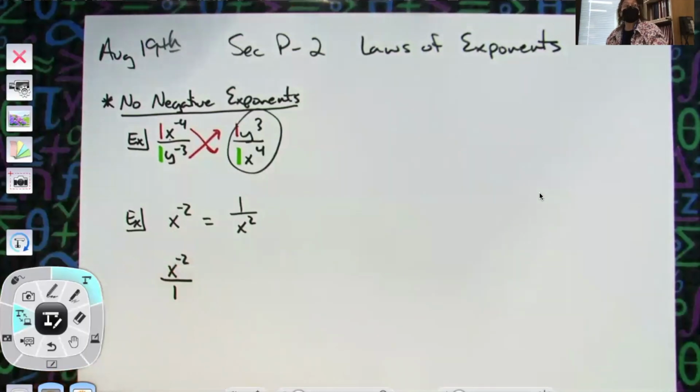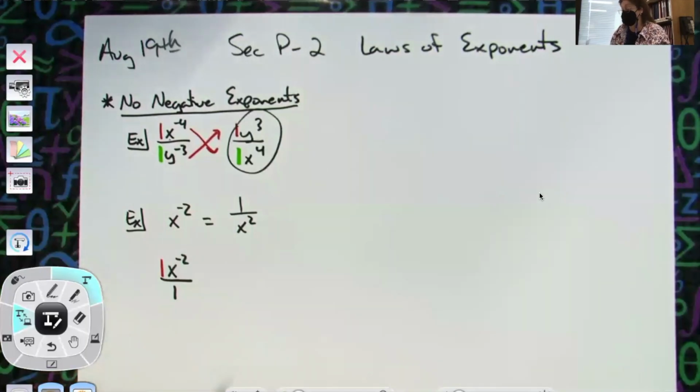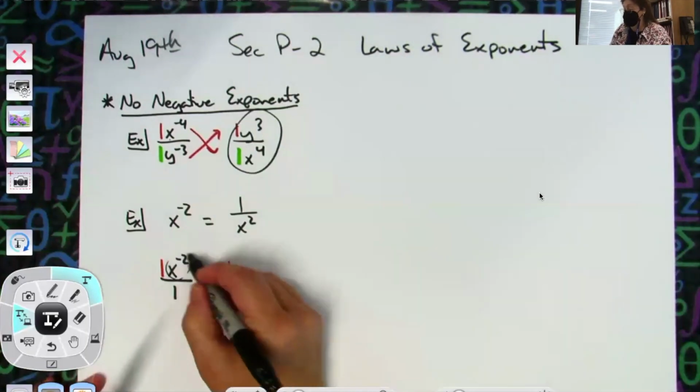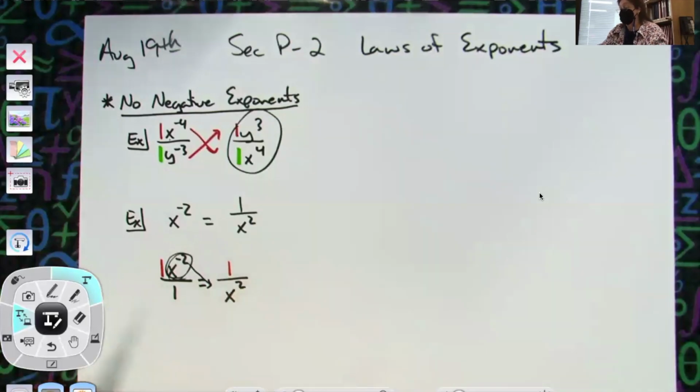I can put it over 1. The coefficient 1 there is still going to stay in the top, and then the base and the exponent gets moved to the bottom and becomes positive. So my rule of moving it to the opposite location to make it positive works with the traditional rule you were taught on how to get rid of your negative exponents.